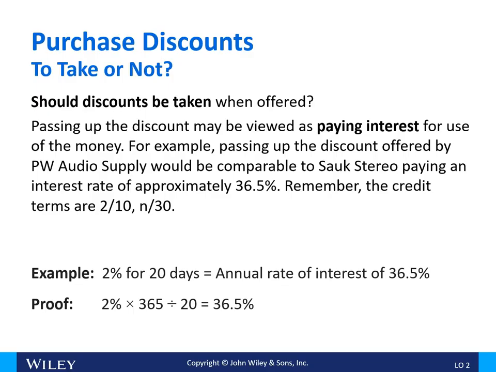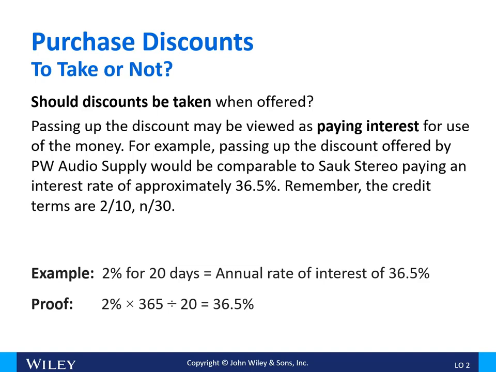That's a very high interest rate. So if you have the cash available, you're probably going to take the discount. If you don't have the cash available, most likely you can go get a loan for less than 36.5%, usually significantly less than that. So it may be worth even going to borrow money to take that discount.